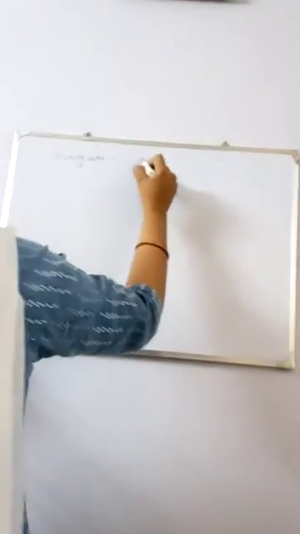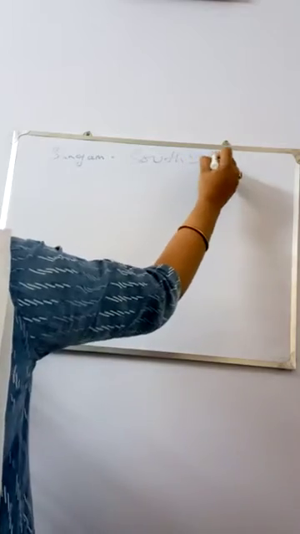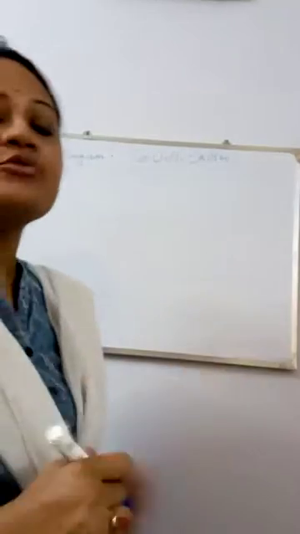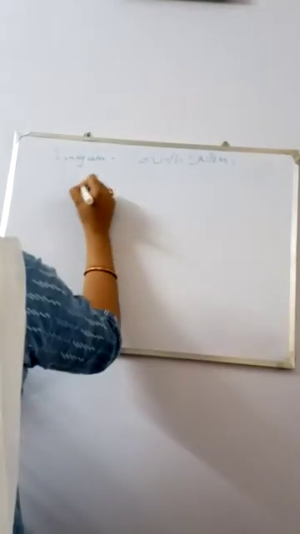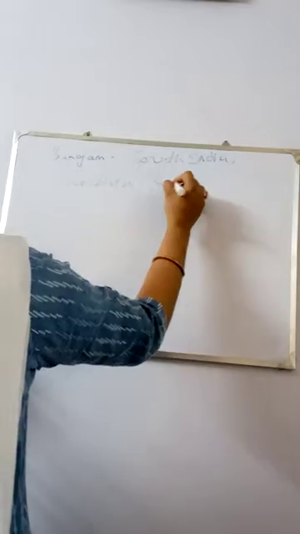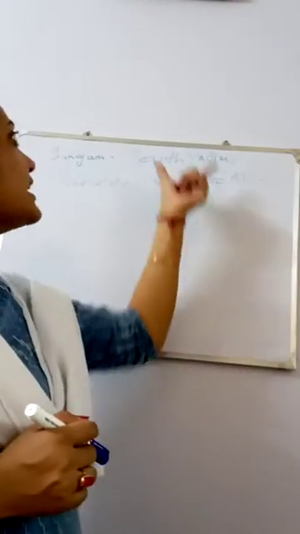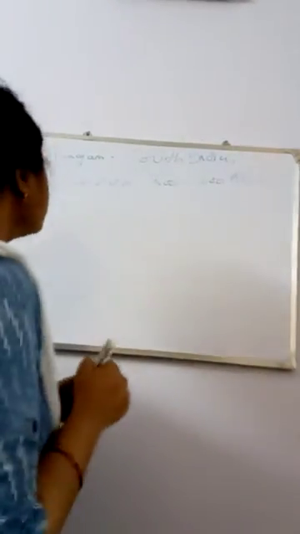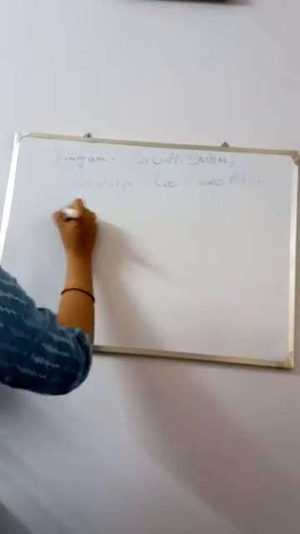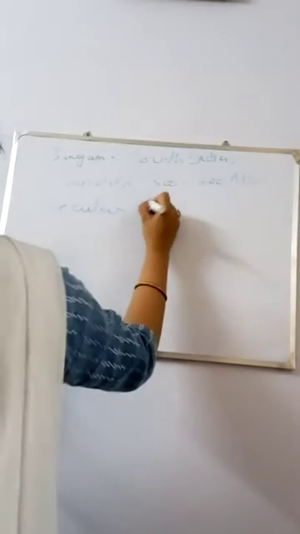Sangam literature is the oldest form of literature in South India, and modern historians think it was composed under the patronage of the Pandya kings from 300 to 600 AD. It gives us a lot of information about that period and helps in the reconstruction of the history of that particular period and area.